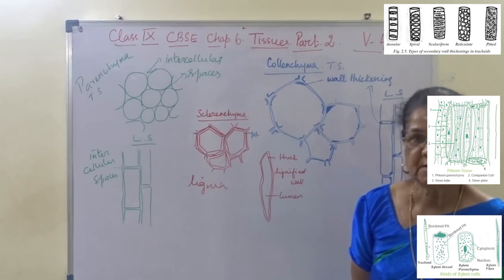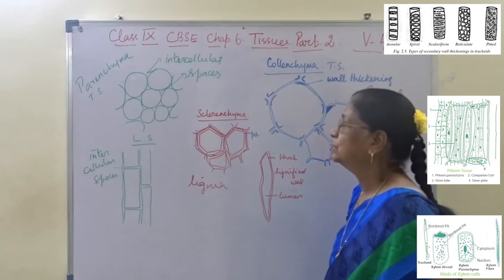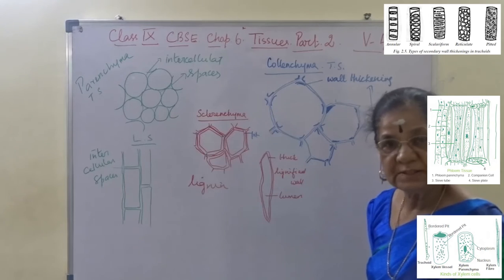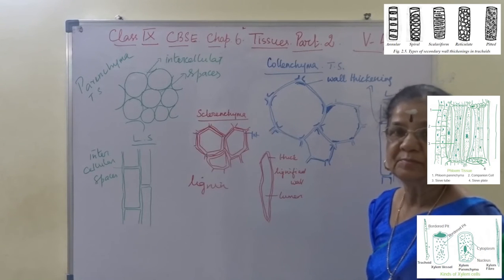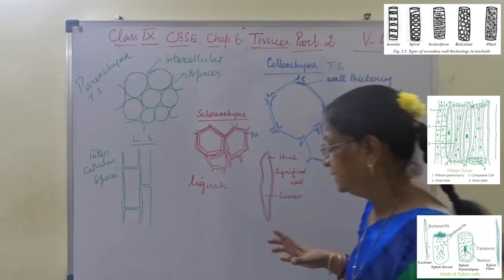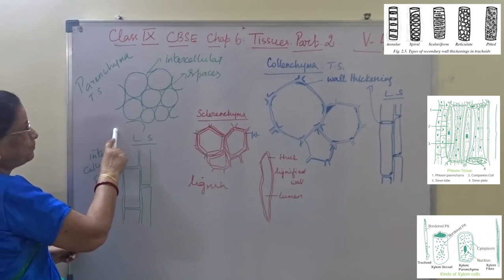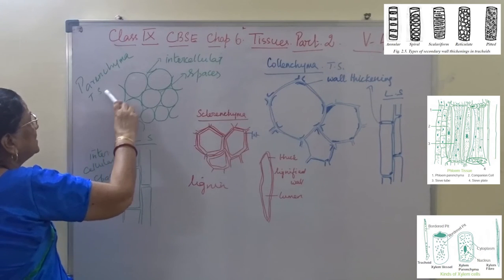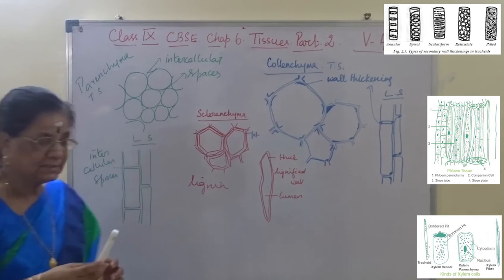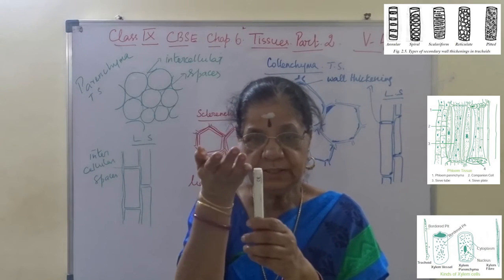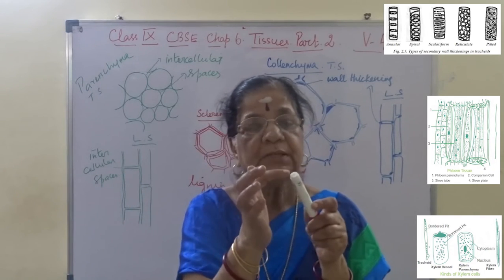I hope you understand. Now this diagram drawn on the whiteboard is your textbook diagram. In the textbook diagram, we first have parenchyma. This is the transverse section: when we have a stem portion and cut it like this, the tissues are seen on the surface.